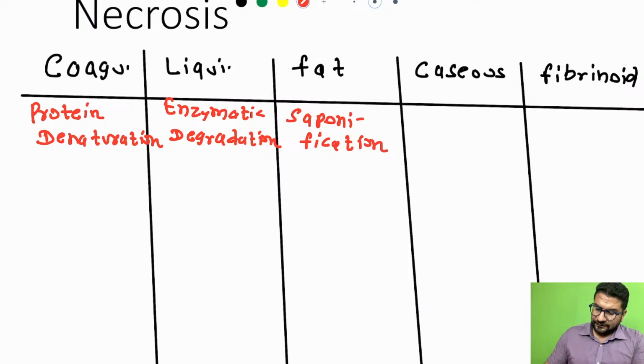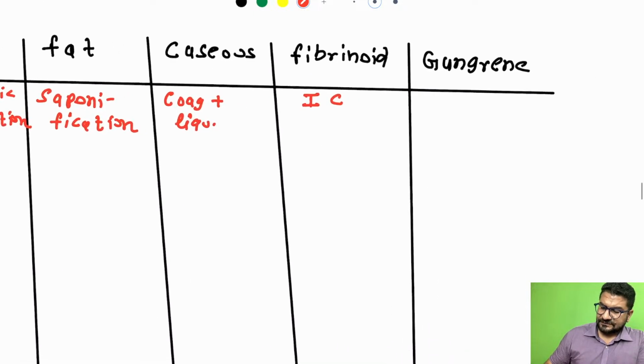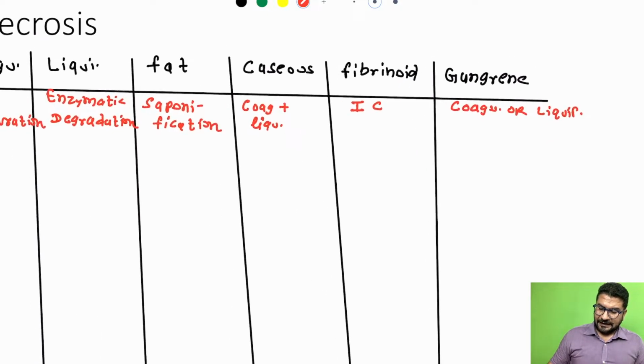Caseous is a combination of coagulative and liquefactive. Fibrinoid is due to immune complex. And gangrene, again, it is coagulative and liquefactive दोनों तरीके का होगा यहाँ पर भी. It is coagulative or liquefactive. So these are the reasons.